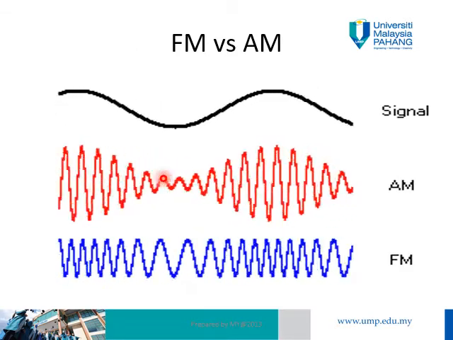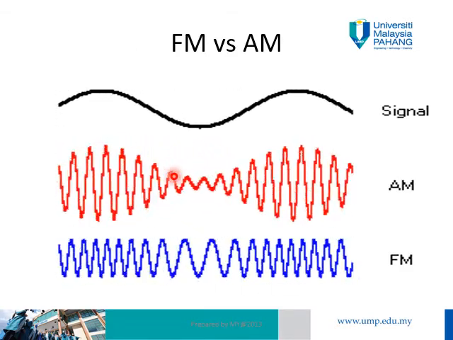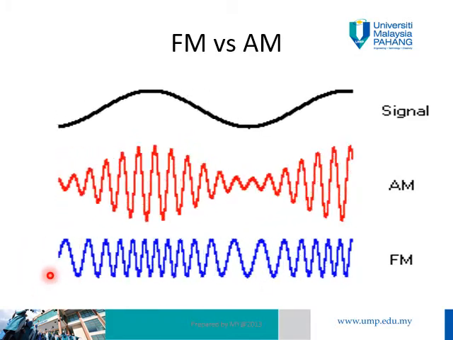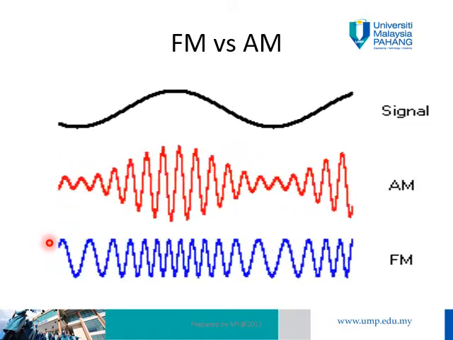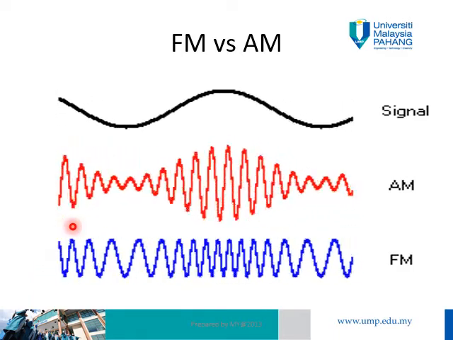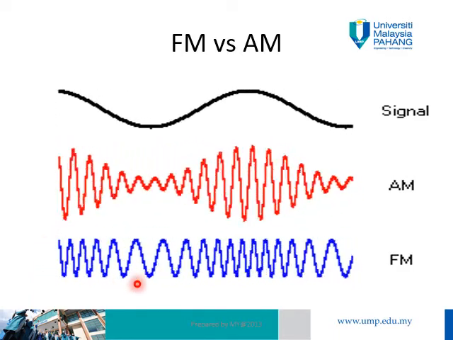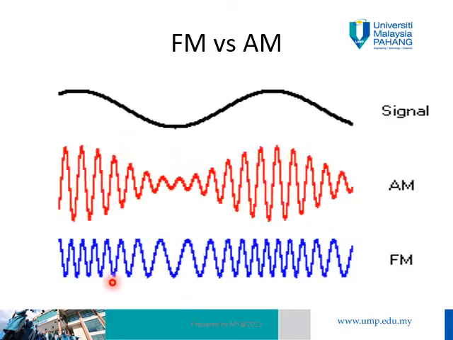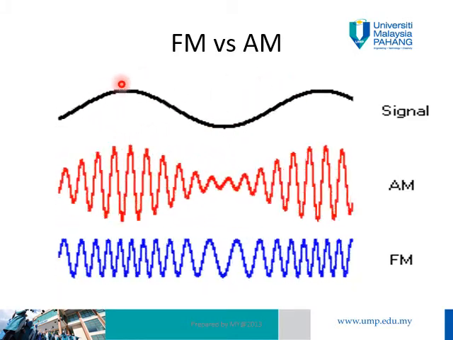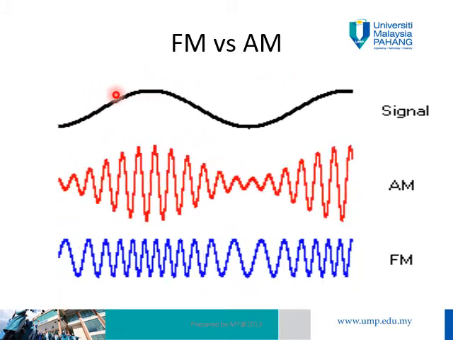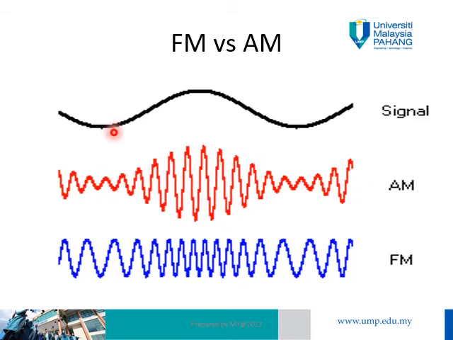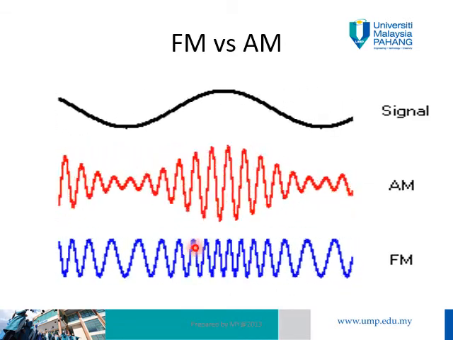This is the AM signal. However, the FM signal has constant amplitude, same as the carrier signal, but the frequency changes. The frequency here is proportional to the amplitude of the modulating signal: high amplitude, high frequency; low amplitude, low frequency.